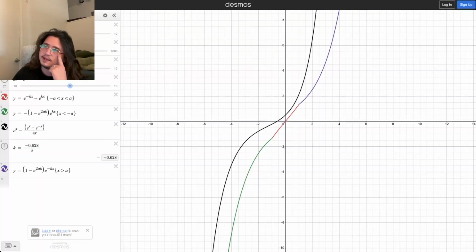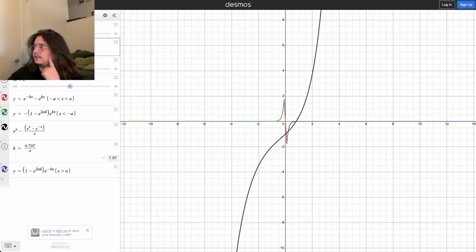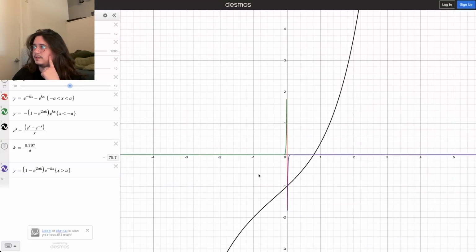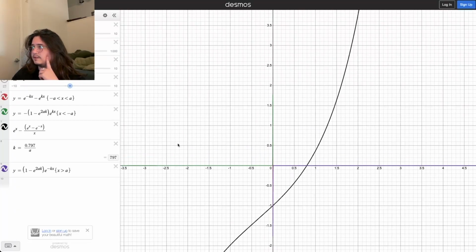If you make a smaller and smaller and smaller, then you find that this just ends up looking like the regular delta function potential, with it just being really small everywhere except for 0, where it's really large.